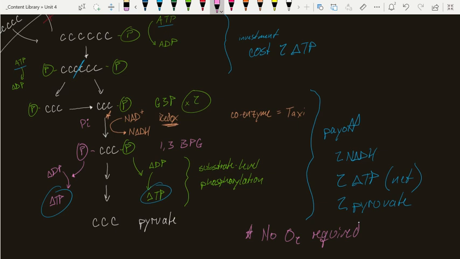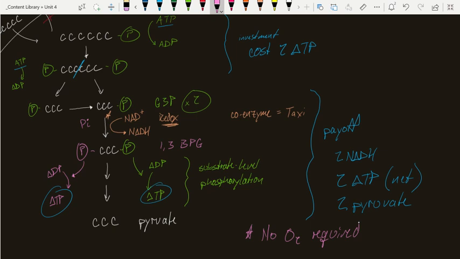When we think about the Krebs cycle, beta oxidation of fats, electron transport chain, all of that requires oxygen for reasons that we'll describe later. This one, no oxygen required. And so that's why we call fast twitch muscle glycolytic muscle, because it's quick, it's powerful, but without oxygen, it doesn't have a lot of endurance.